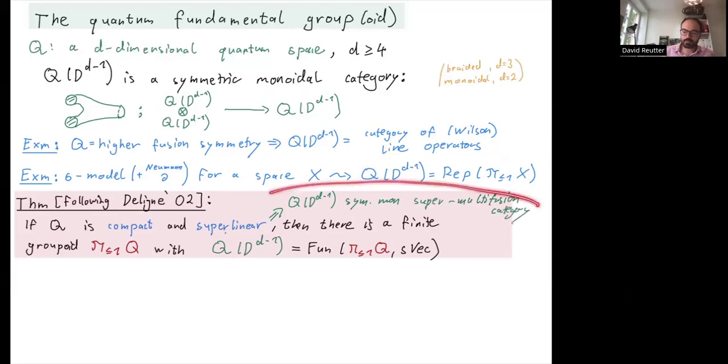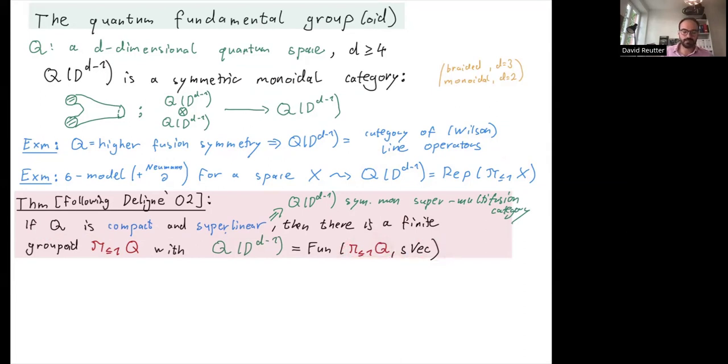And symmetric monoidal super multifusion categories are classified by, or always equivalent to, functors from some finite 1-groupoid to super vector spaces. Okay.